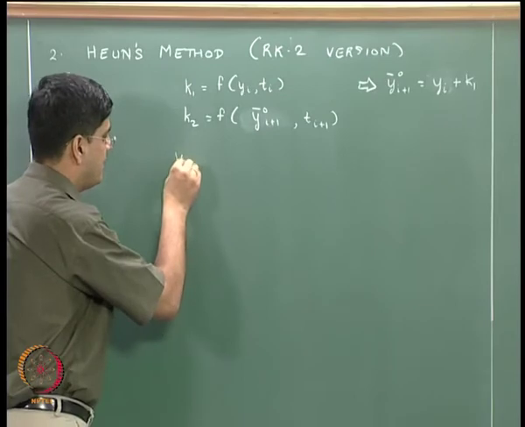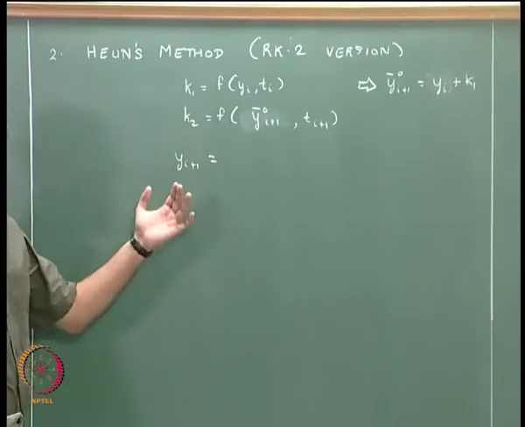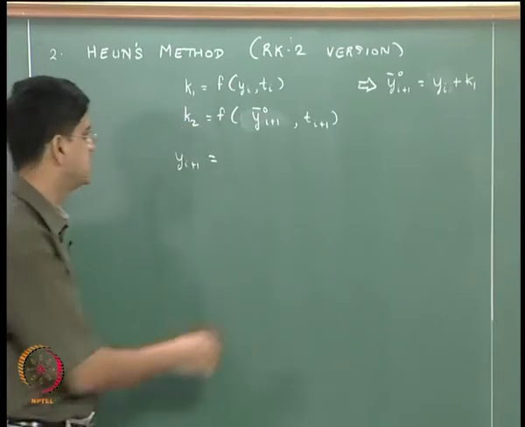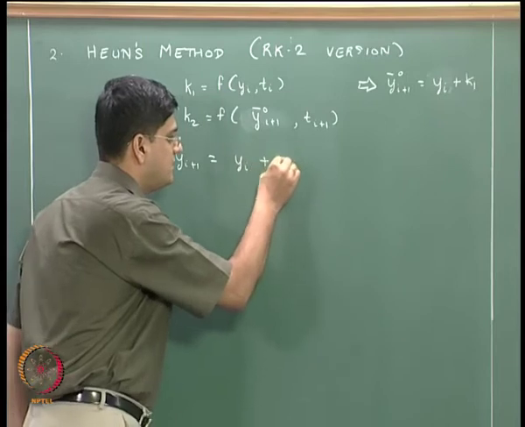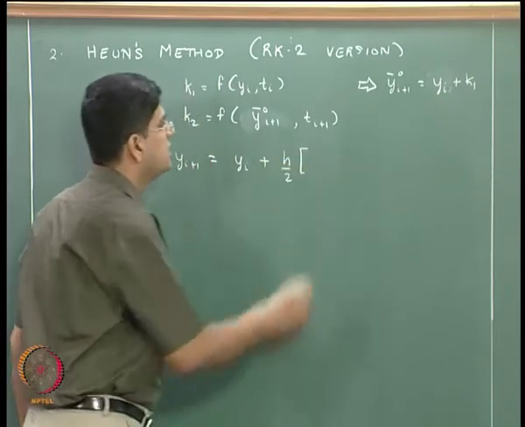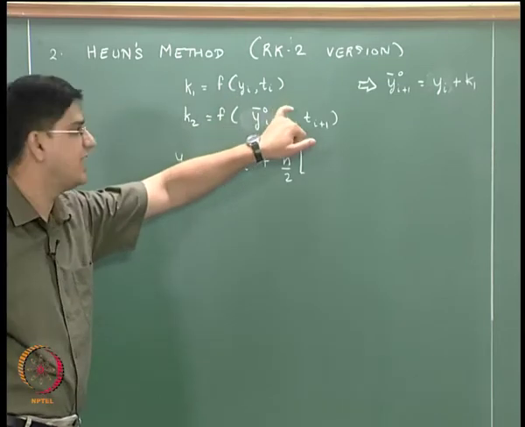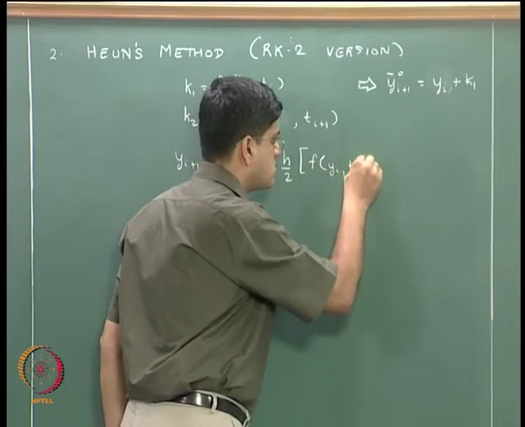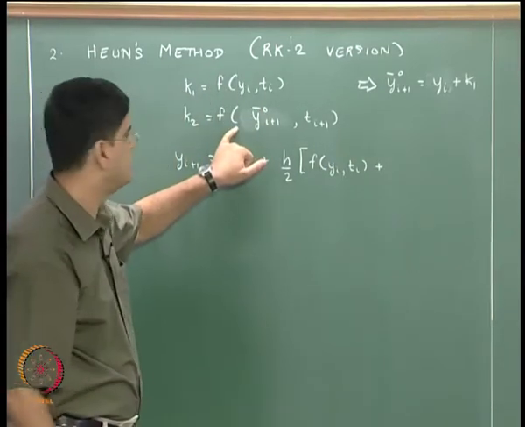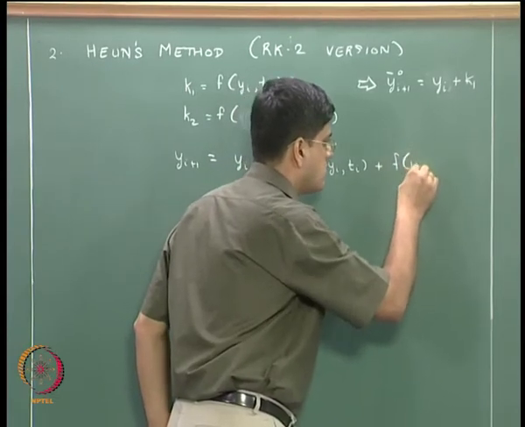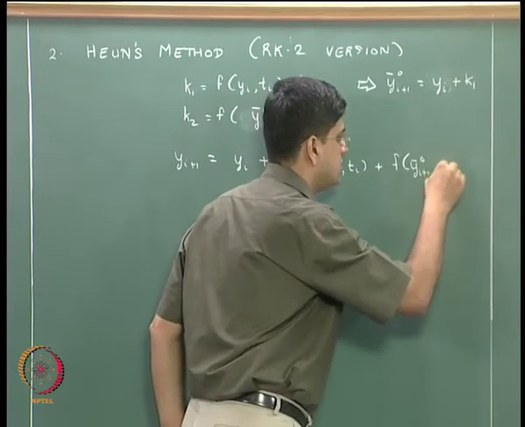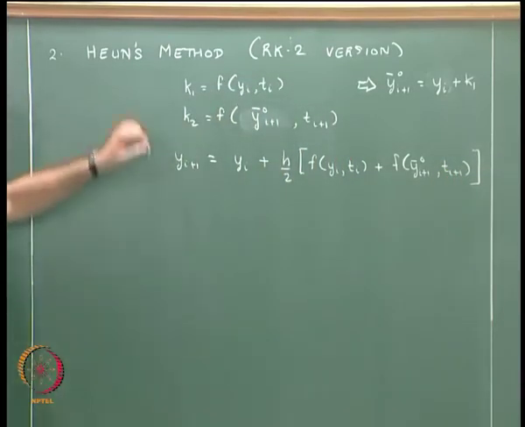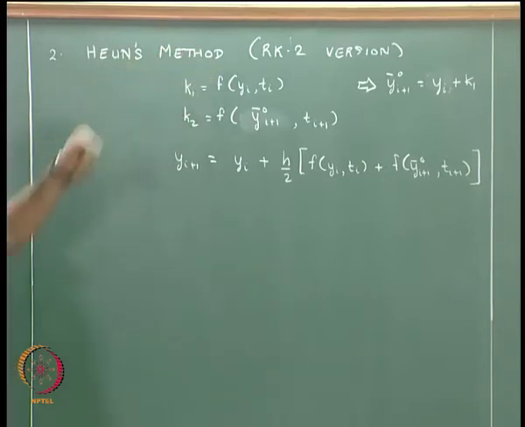And y i plus 1 is y i plus h times s, and s is 1/2 multiplied by K1 plus K2. So y i plus h by 2 multiplied by K1 plus K2, where K1 is nothing but f of y i comma t i, and K2 is nothing but f of y i plus 1 bar 0 comma t i plus 1. Okay, so this is the RK2 version of Heun's method.